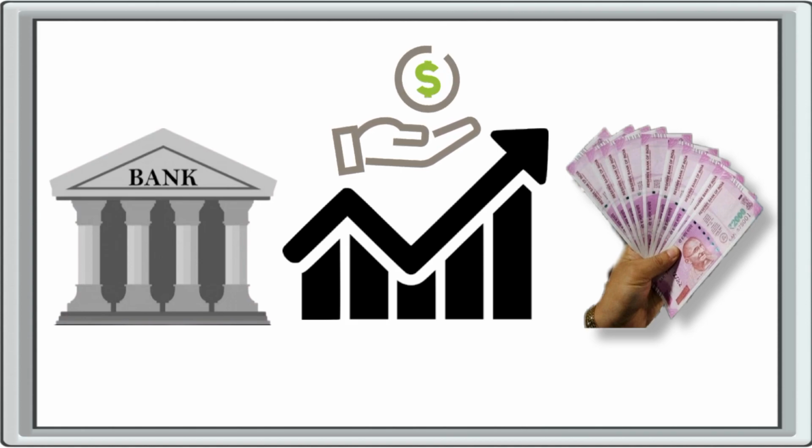In recent years, technology has revolutionized the banking sector, and the digital banking ecosystem has grown exponentially. The Indian banking sector is poised for significant growth in the future, and it will continue to play a critical role in promoting economic growth and development in the country.